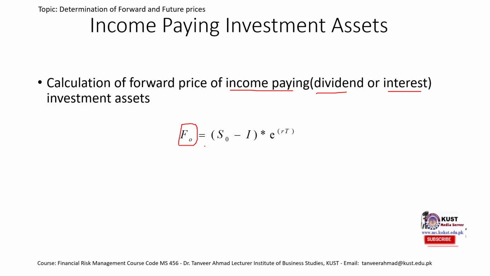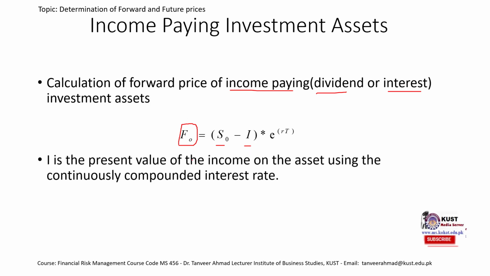The idea is that it would be S naught minus I. I is the present value of all the incomes that are generated from that specific asset.